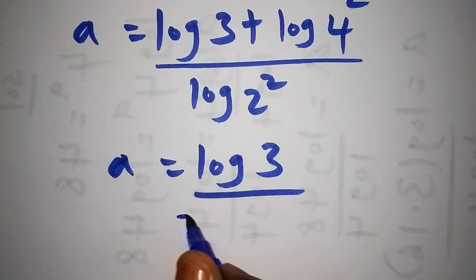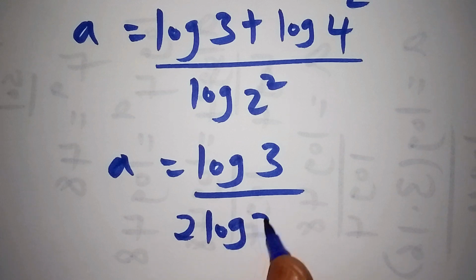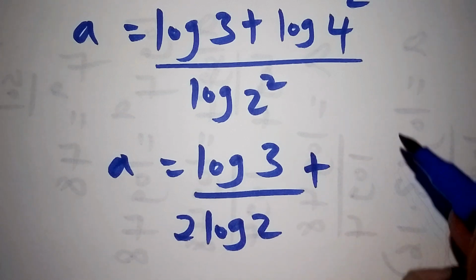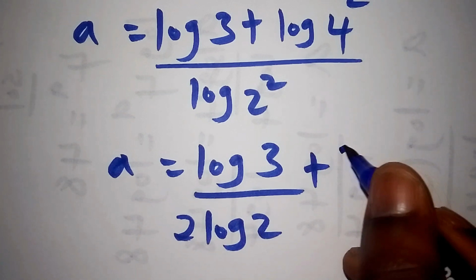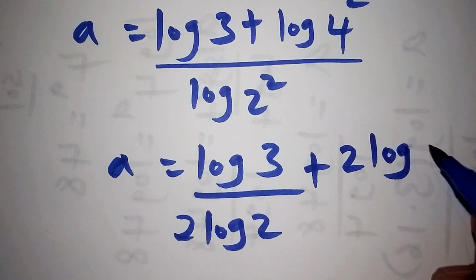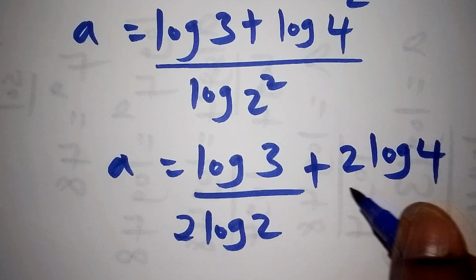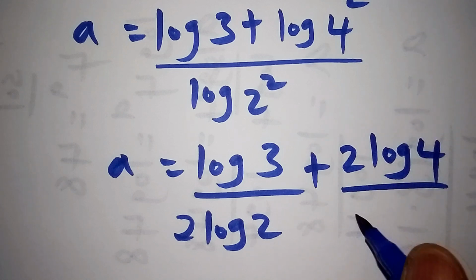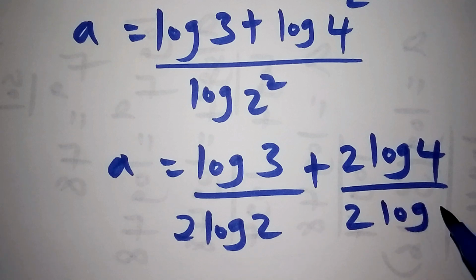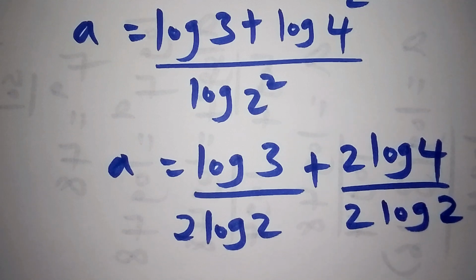Now we shall have 2 the log of 2, then plus, the log of 4 to the power of 2 becomes 2 the log of 4, all over 2 the log of 2. Let's now divide.